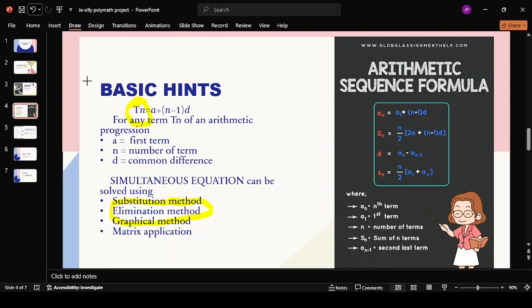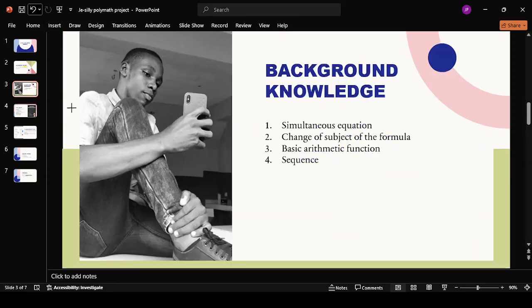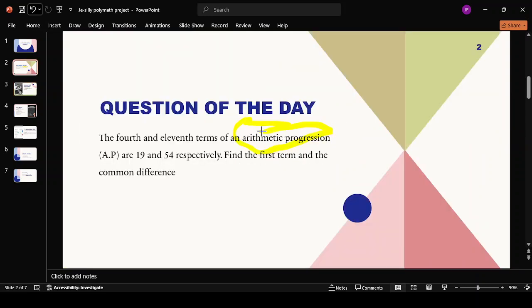Okay, let us clean our slide. This takes a little time, so it's just necessary for the next time we revisit them. Okay, so arithmetic progression.